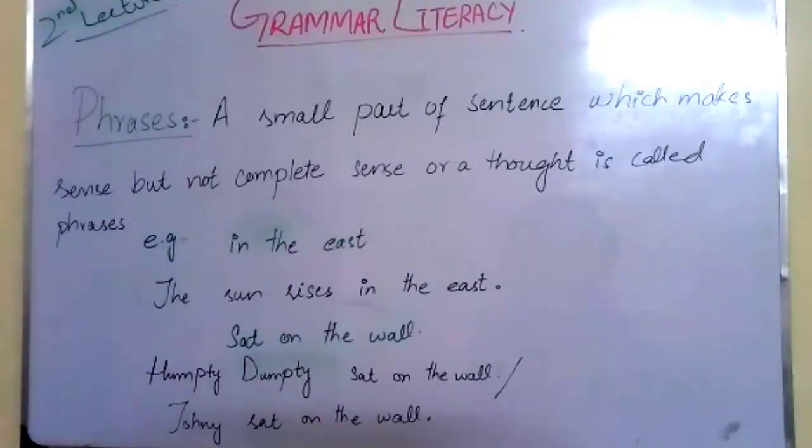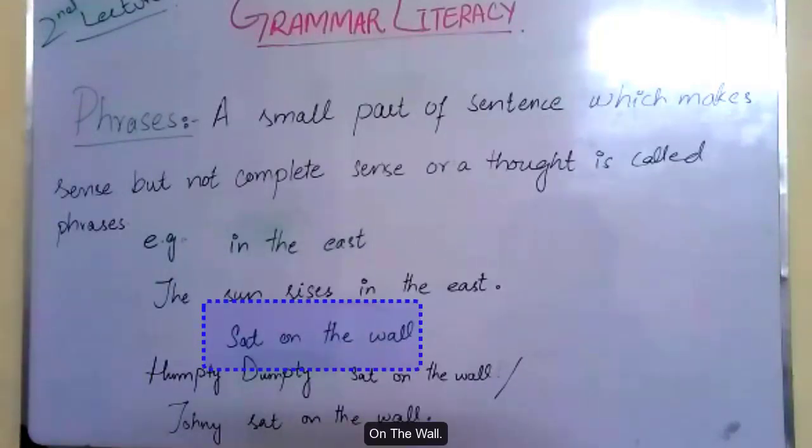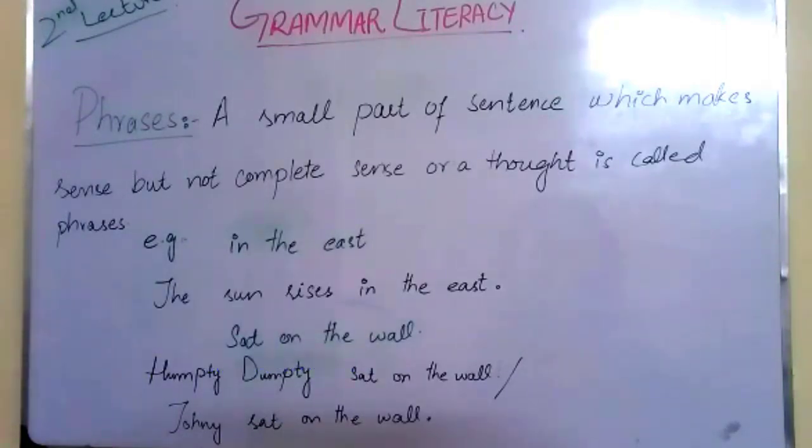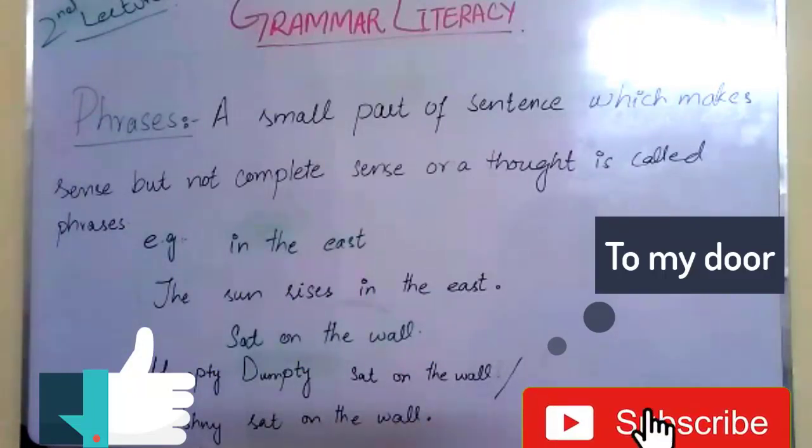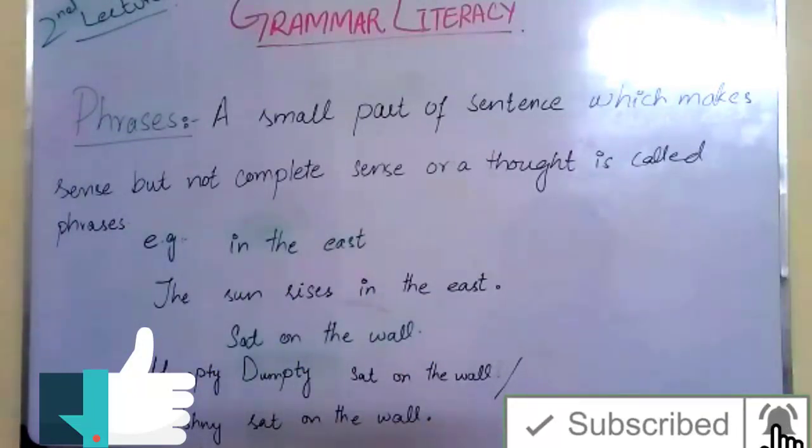Or where he was going: towards the east. These could be any other expressions: towards the east, in the east, on the wall, sit on the wall, or to my door. So these are the phrases.